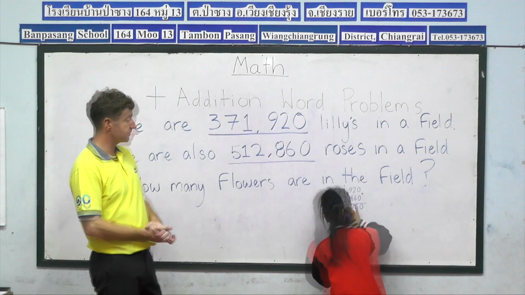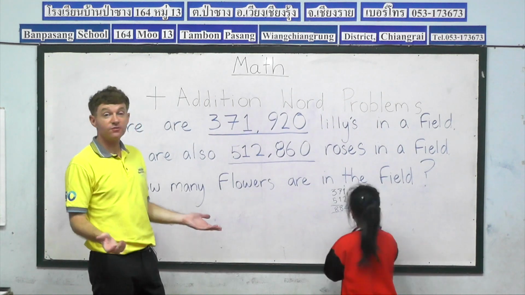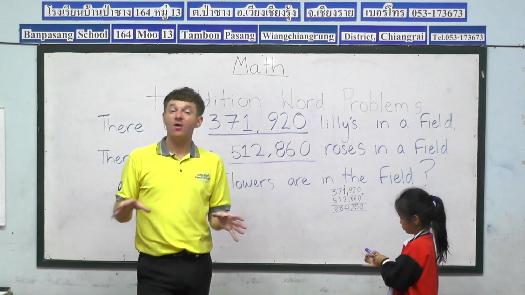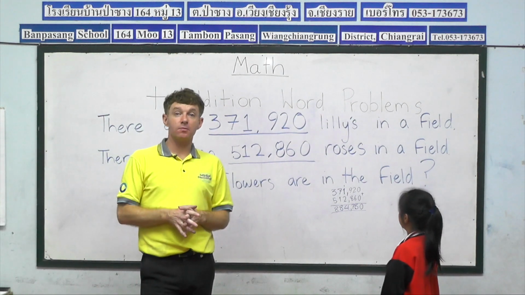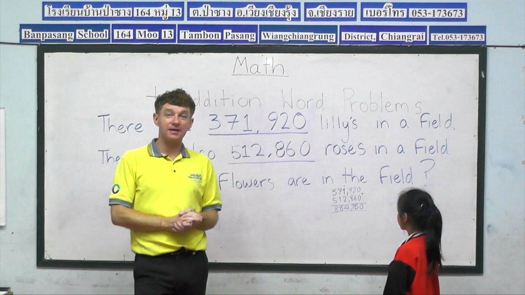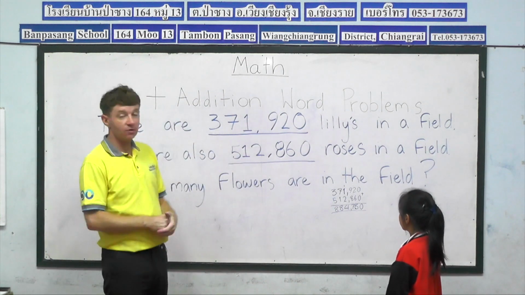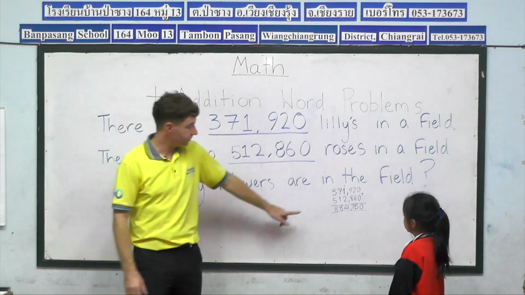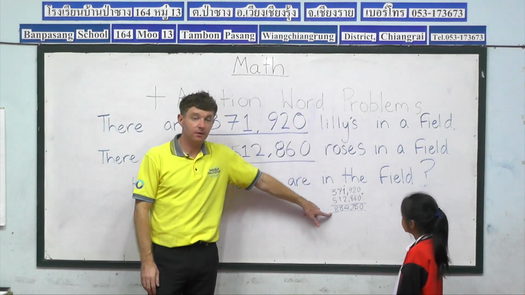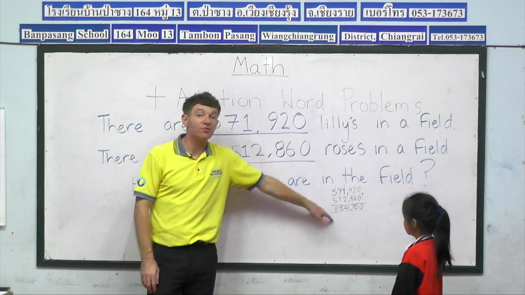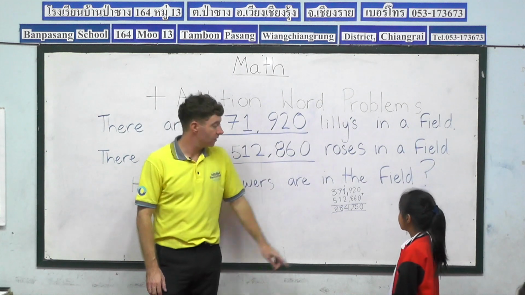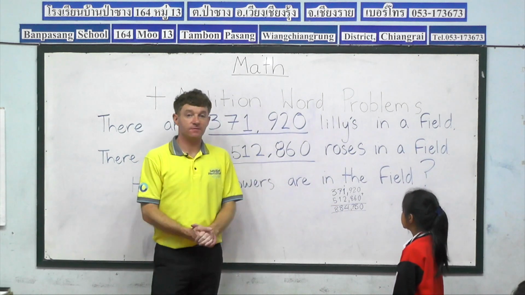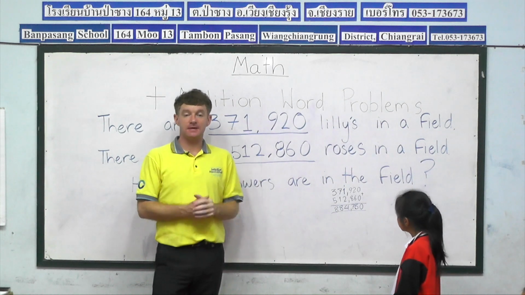Prau, that's excellent. Perfect. So you see, at the end of the day, all of the addition word problems are like any addition calculations. Once we have our numbers, we just add together. So now we have our total. 884,780.